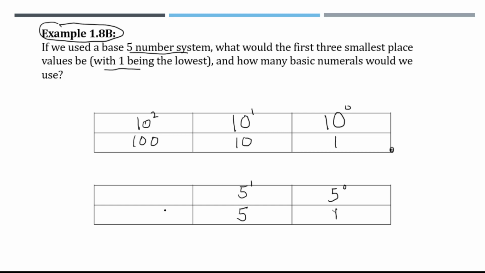So the next one is 5 times bigger. 5 to the second place. Came up with that. Good job. So this would just be a base 5 system. It would follow the same logic as our base 10 system.